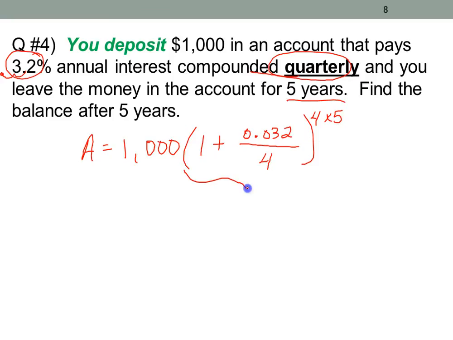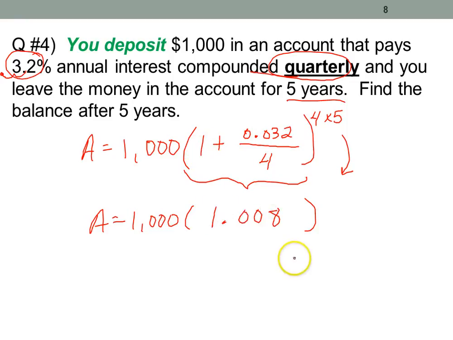And again, take one more step before you type this in your calculator. A equals 1,000. Type in 0.032 divided by 4. Add your 1. You should get 1.008. Do your power. 4 times 5 is 20. Again, now's the place where you can type it in. 1,000 times 1.008 to a power of 20.